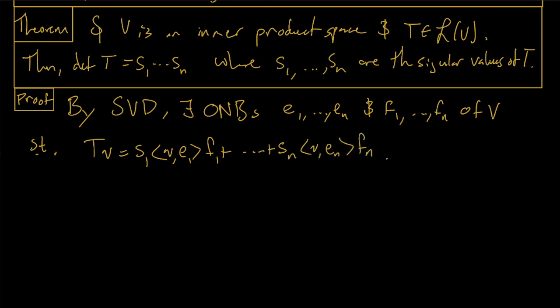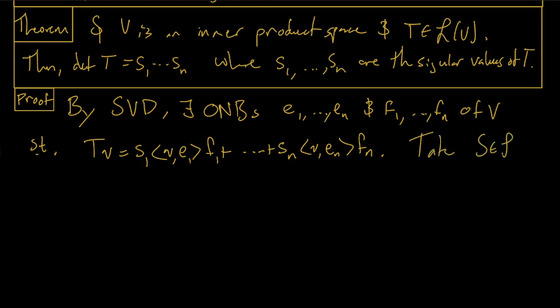This is the whole business of singular value decomposition. It says, hey, check it out, with respect to some orthonormal bases, or in the case that you have something between a vector space and maybe a vector space of a different dimension, with respect to an orthonormal basis e1 through en, and an orthonormal list f1 through fm. In this case here, we're taking these to legitimately be orthonormal bases, both of them. What we're saying is that all you got to do is know inner products, singular values, and what these bases are. Nothing crazy. So here's the idea.